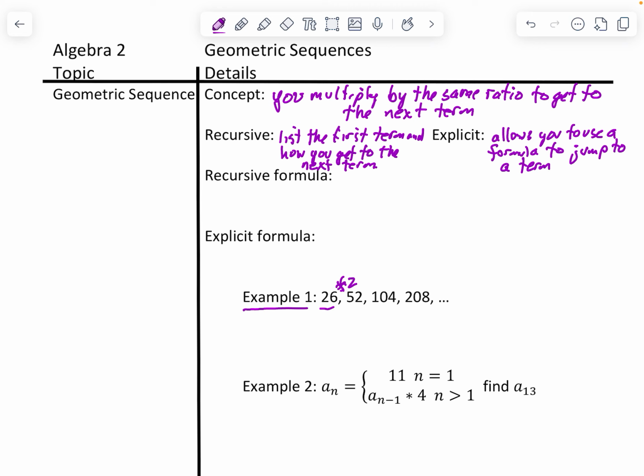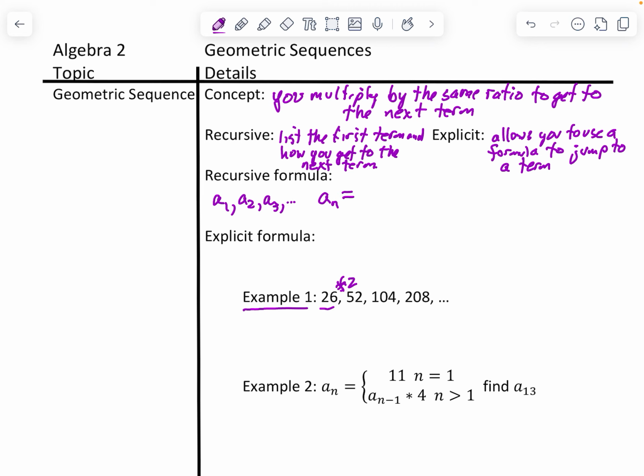Now, when we list sequences, usually we go a sub 1, and then the next one would be a sub 2, and then a sub 3. So we use subscripts to list them. When we do a recursive formula, we define it by saying a sub n, where n is 1, 2, and 3 like I just listed.